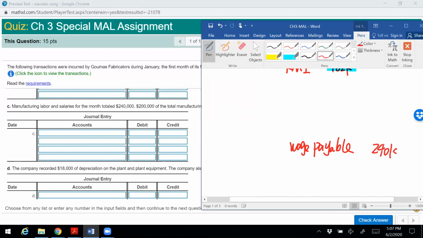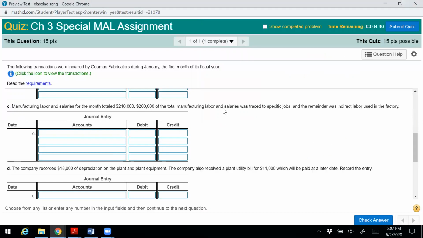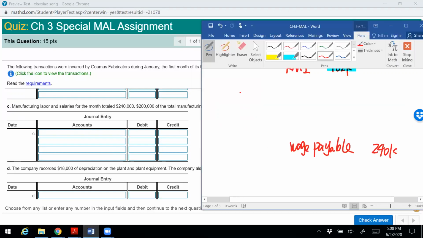The total is 240,000, and 200,000 is directly traced to specific jobs. So 200,000 will be our work in process, direct labor. We can trace this 200,000 to a specific job. How about the other 40,000? Debit has to equal credit.